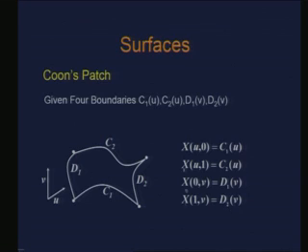So, these are the four boundary curves I am given, and the question we have is, we want to construct a surface which interpolates these boundary curves. That is, the boundary of the surface which I construct should have these as the boundary curves.